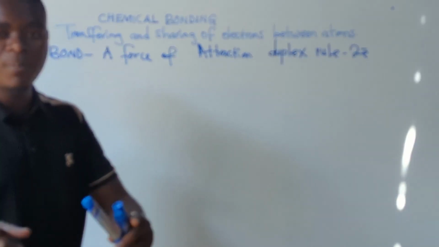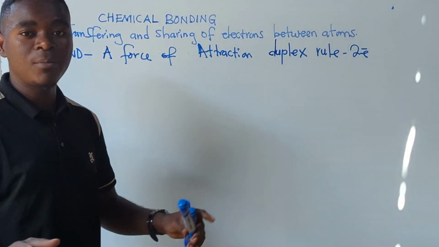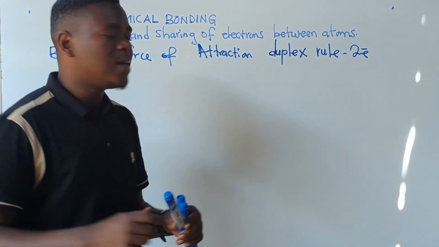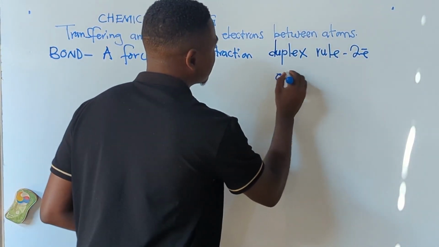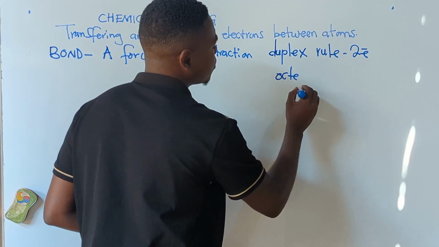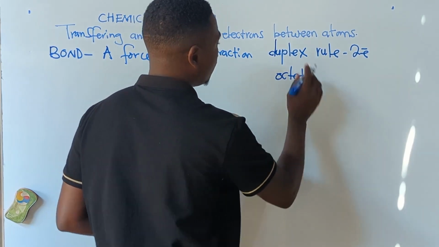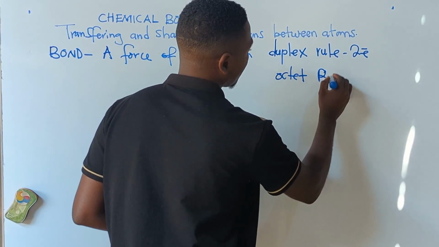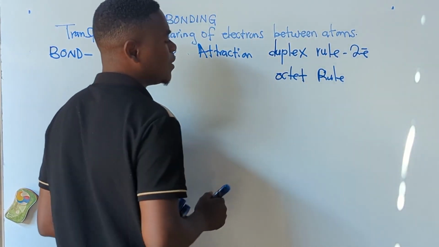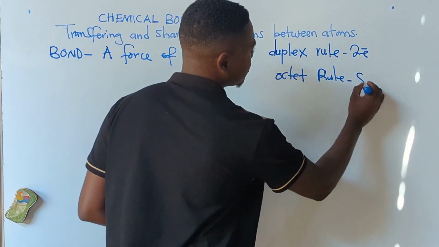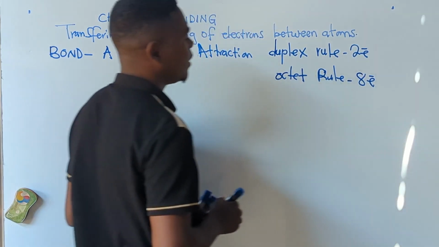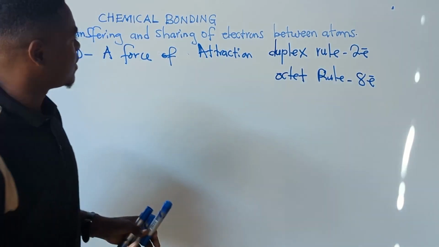I guess you are able to get this. Those that have 8 electrons obey what we call the octet rule. This is what you need to know and understand. These ones have 8 what? 8 electrons.